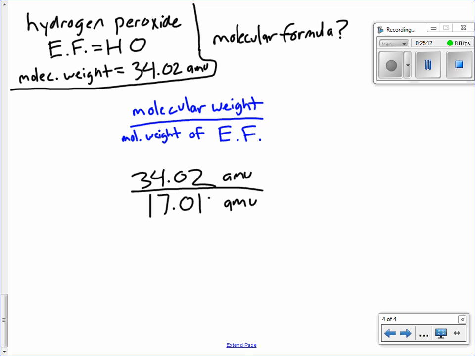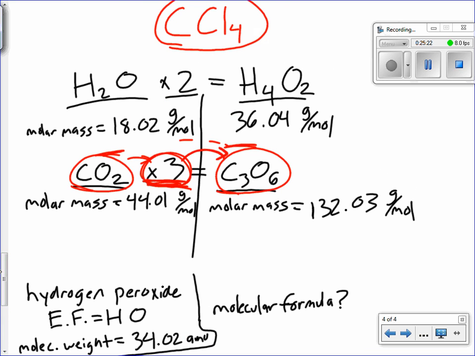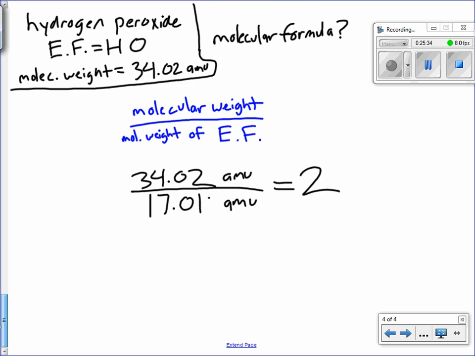Okay? So we divide those, and you get 2. So that 2, like I keep referring back to this, that's going to be the number that goes here, or here. Same deal. So when we get that 2, we multiply this compound by 2 to get to the molecular formula.